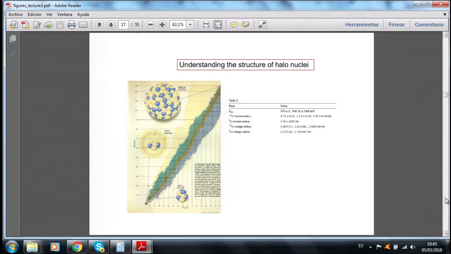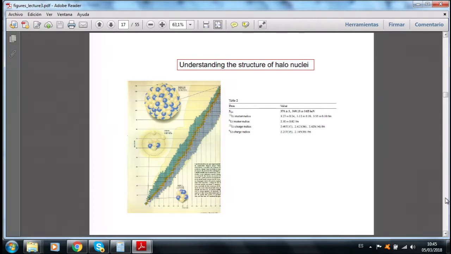Here you have some numbers. The lithium-11 matter radius is, well, there are several experiments, but it's around 3.3, while that of lithium-9 is 2.3. So this is an abrupt change, and to realize how abrupt it is, here it is compared on a scale with the size of lead-208.